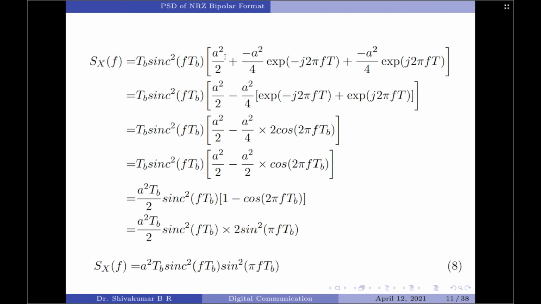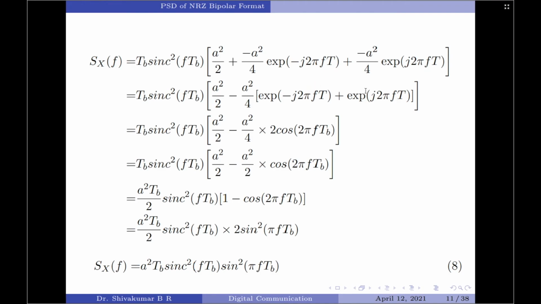So we have a squared by 2 plus minus a squared by 4 into exponential of minus j2 pi f capital T plus minus a squared by 4 into exponential of plus j2 pi f capital T. Now let us take minus a squared by 4 as common term here. So what remains is exponential of minus j2 pi f Tb plus exponential of plus j2 pi f Tb.